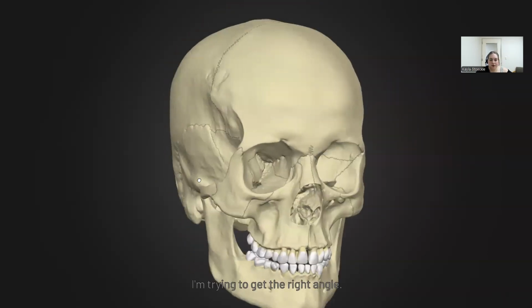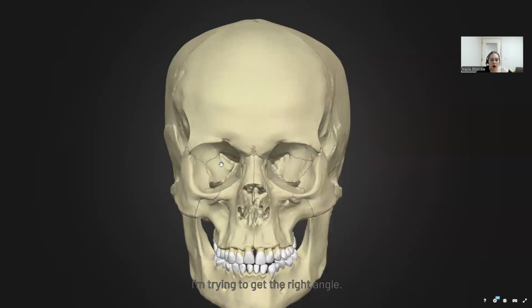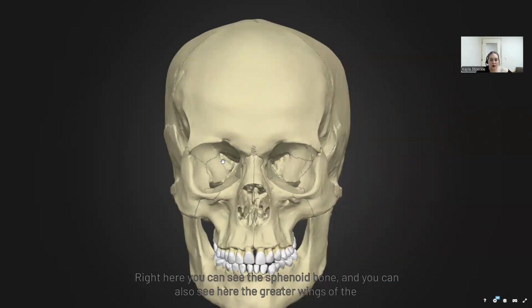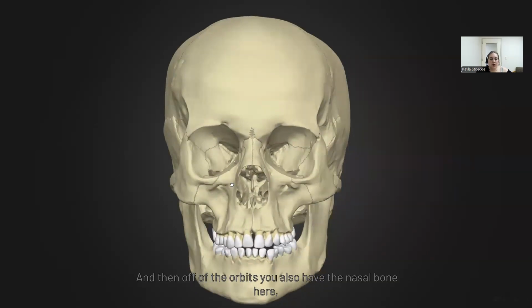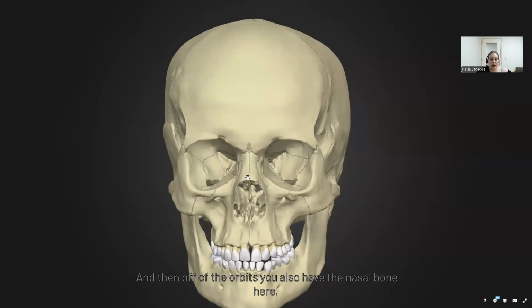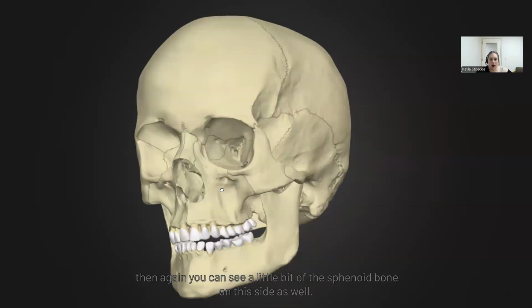And then I'm trying to get the right angle. Right here, you can see the sphenoid bone, and you can also see here the greater wings of the sphenoid bone. And these lightened portions right here are the superior and inferior fissures. And then off of the orbits, you also have the nasal bone here.